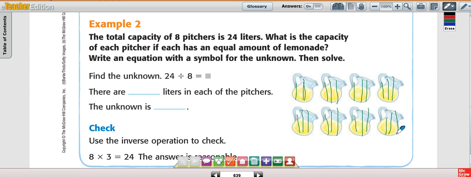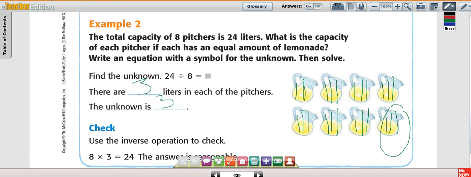And then how many in each picture? 3, right? I just put 3 tallies in each one. So that means there are 3 liters in each pitcher. So the unknown is 3.